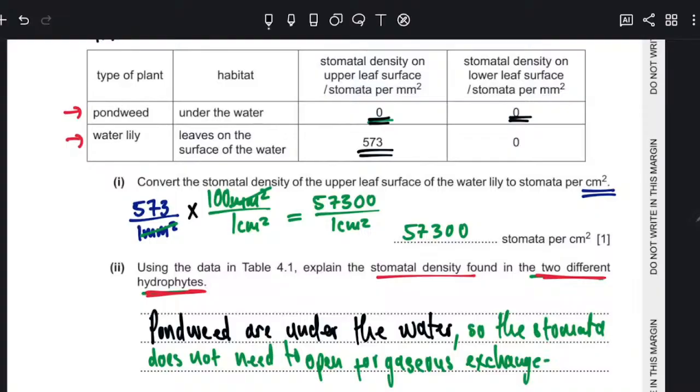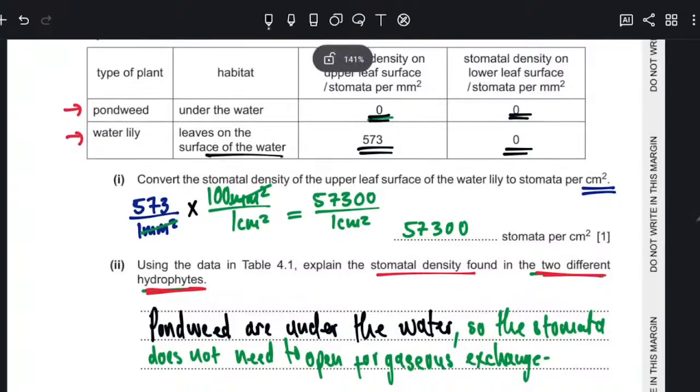For hydrophytes, we said stomata is open at the top, at the upper side. That is where it's found. If I check here, there's no stomata at the lower side of the leaf. Because it's floating on water. So, Mr. Leaf, if the bottom part of you is in water, because you're floating, you're a hydrophyte, leaves are on the surface of water, so the bottom is on water or in water.